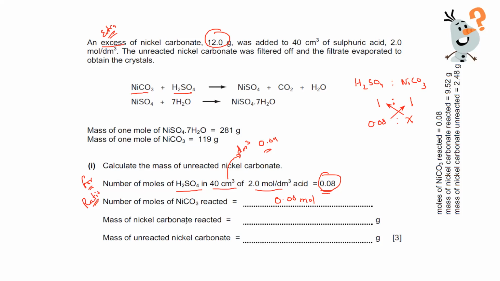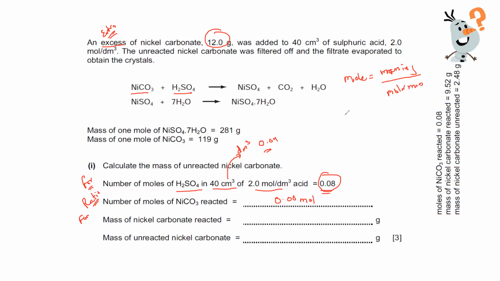Now to get the mass of nickel carbonate reacted, again we use a formula. To get the mass of nickel carbonate reacted, you have the formula that moles equal mass in gram divided by the molar mass.